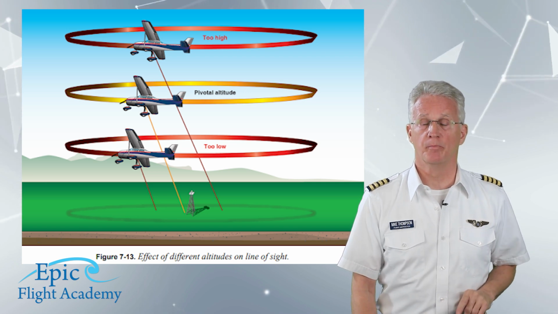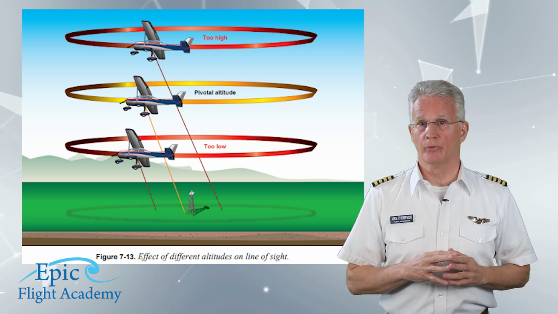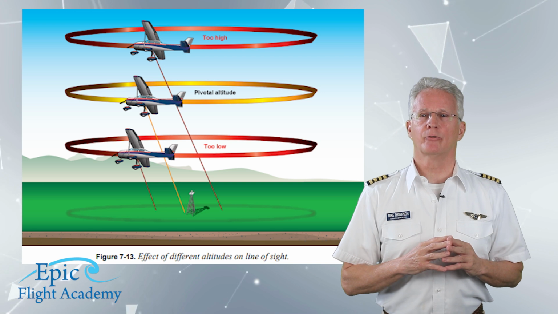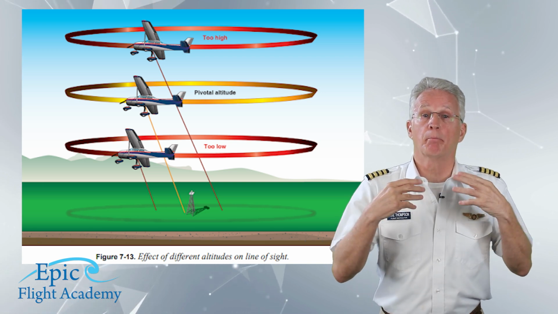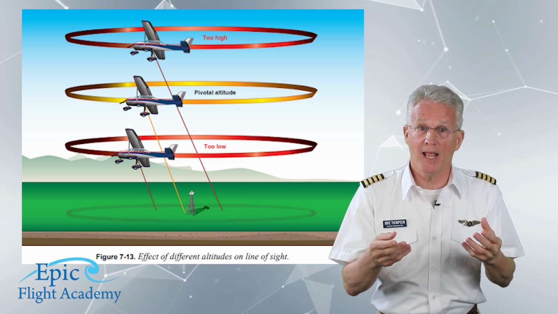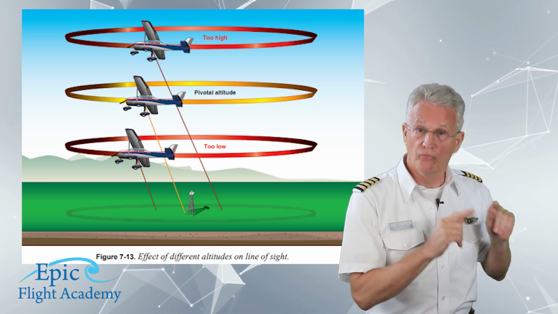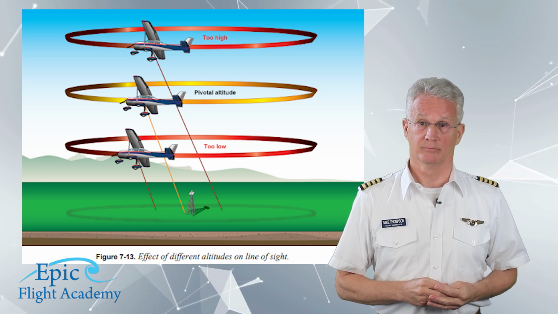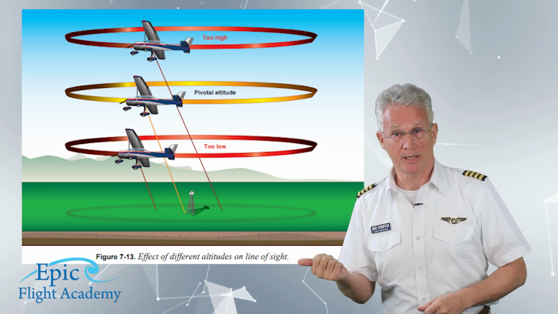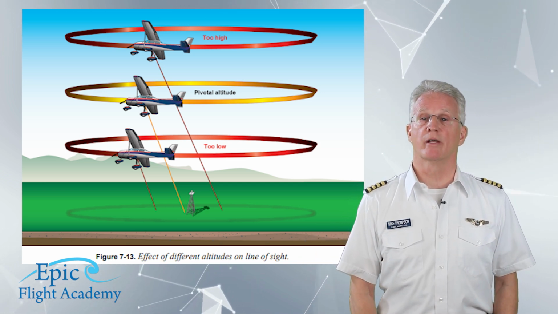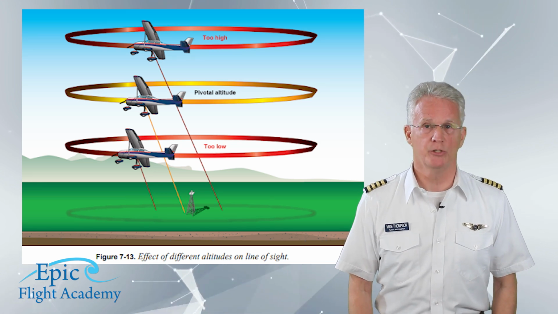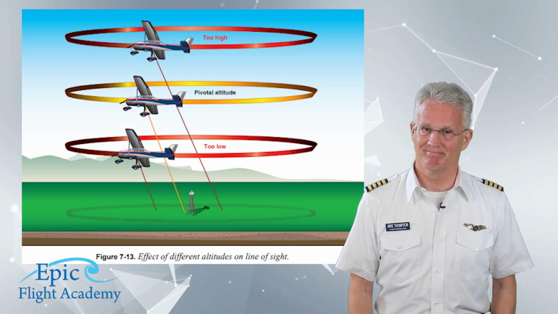So, to begin, we'll enter at maneuvering speed at an altitude intentionally below our PA, and our PRL is forward of the pylon. In other words, the pylon is behind us. Now, I want you to look at figure 7-13 on page 7-16.